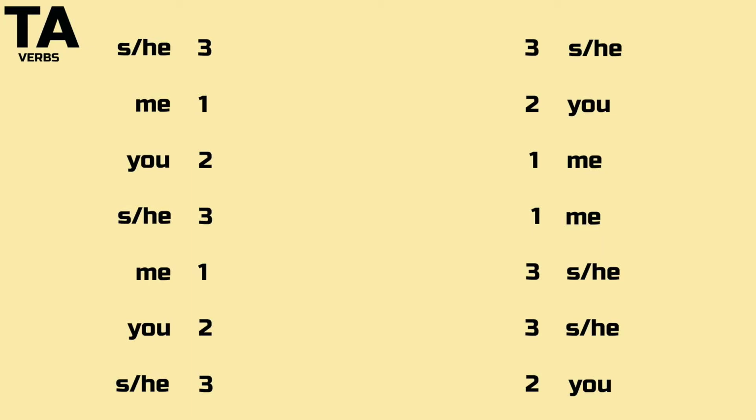That is to say, he or she acts on him or her, I act on you, you act on me, he or she acts on me, I act on him or her, you act on him or her, he or she acts on you. We've got particular suffixes and prefixes to make sure that we know who's being spoken about.